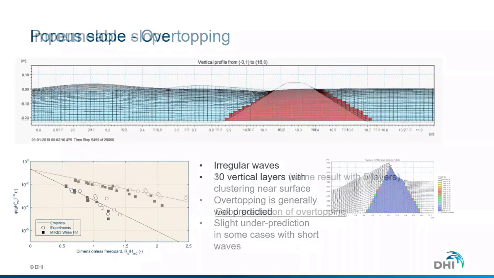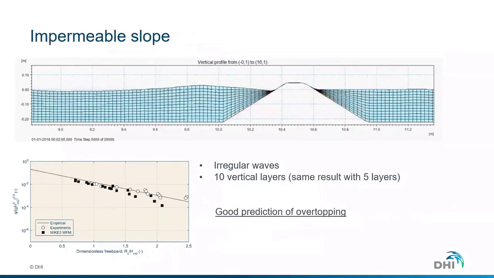So first off, we try to model it using a non-porous setup. And we see that the experiments are white dots, the empirical relations are with a black line, and then the MIKE 3 Wave FM results are with black squares.